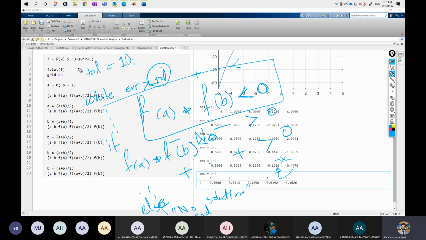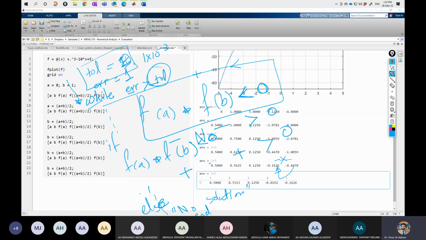But if you don't define it, the code will go there while error and tolerance is not defined. So we cannot do anything. Similarly, tolerance should be 10 to the minus, let's say, minus 3. And you have to define the error. Initially, you have to initialize the error. Error, let's say 1. And 1 is more than 10 to the minus 3. Okay, the code will start. All right? So that is the bisection method.